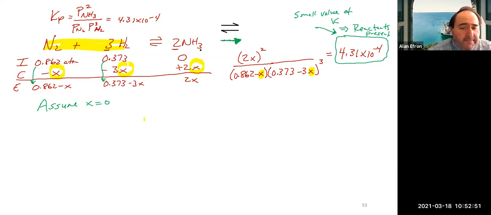But the real reason is in relationship to where the product started in terms of its pressure in this case. Whatever it gains, because it started at 0, is going to be pretty significant for it. The difference, though, is in terms of our reactants, where they started and where they end up, the change is going to be super small, almost negligible, and that's why we zero out those that we subtract from.